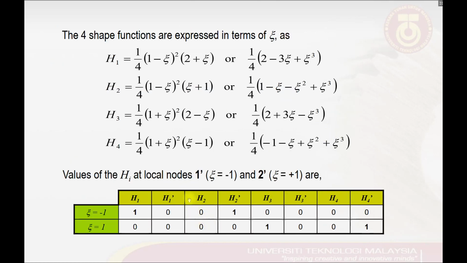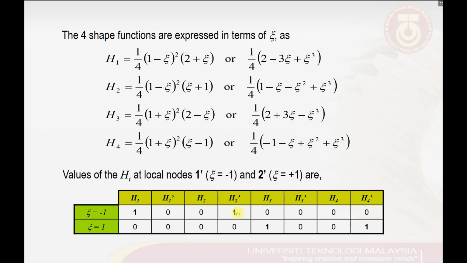Similarly, if we apply the same approach, if we substitute z equal to -1 and 1 into the H2 equation, then we can come up with this number, which is 0, referring to 0 translation at the node on the left, and also 0 translation at the node on the right.